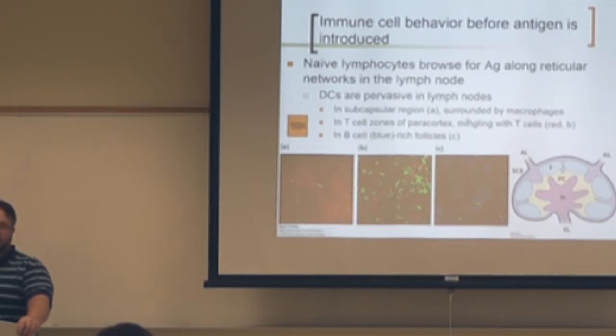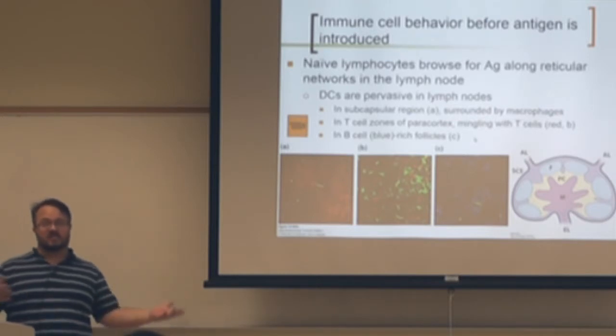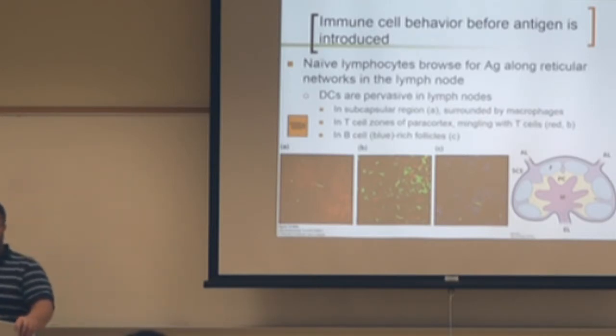We don't know what deciding factor makes them decide I'm going to apoptose or I'm going to become a memory cell. There's still a lot of debate about what is the trigger for that. Is it just stochastic, in that some cells do and some cells don't? We don't really know. So the germinal center plasma cell has a higher affinity for the specific antigen?